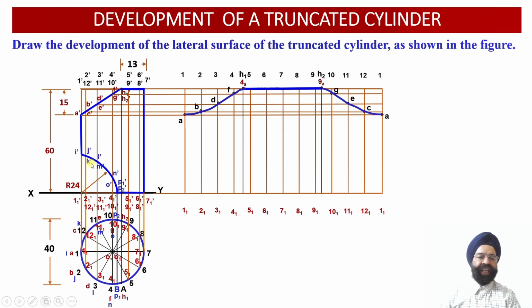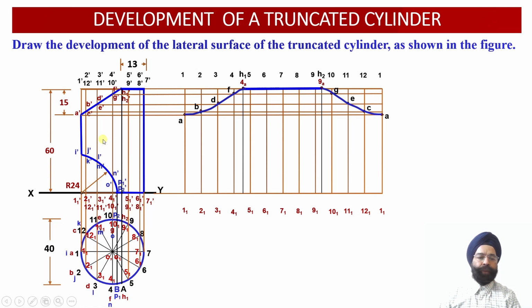Similarly, J dash and K dash are the 2 points of intersection of the circular cutting plane with the vertical generators 2 dash, 2 1 dash and 12 dash, 12 1 dash over here. So point J dash lies on the vertical generator 2 dash, 2 1 dash, whereas K dash is the point of intersection of the circular cutting plane with the vertical generator 12 dash and 12 1 dash.